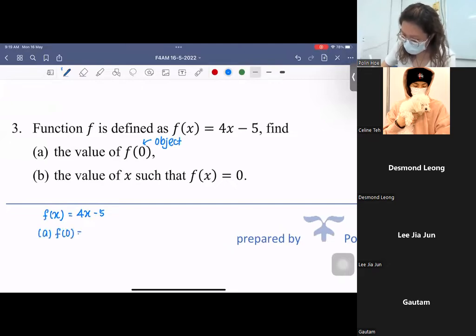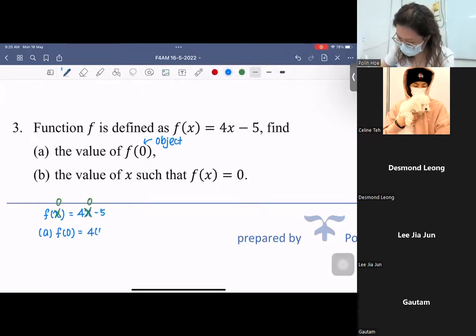For f(0), when I change this x to 0, I shall have 4(0) minus 5. My answer is negative 5.